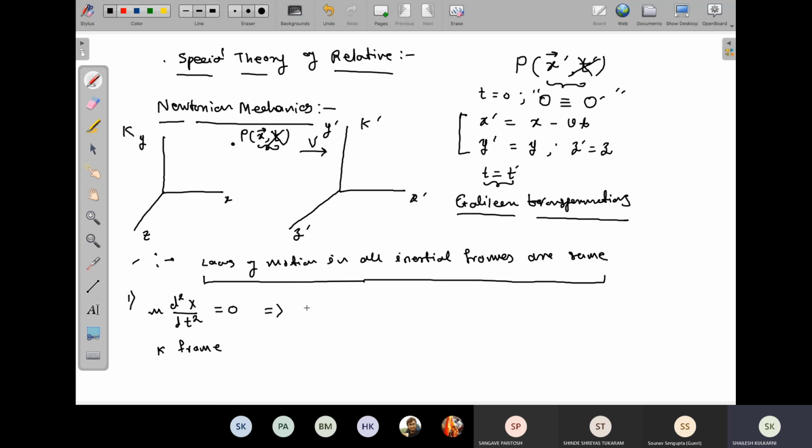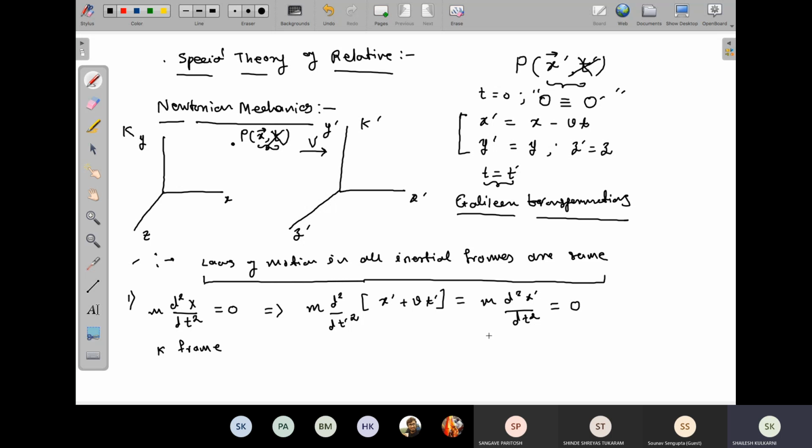So in the K frame it will be m d2 by dt prime square, which is the same as t, of x prime plus v t prime. This is a second derivative in time, v is a constant, and this is a linear function in time, so again you will get m d2x prime by dt prime square, and this transforms to 0.